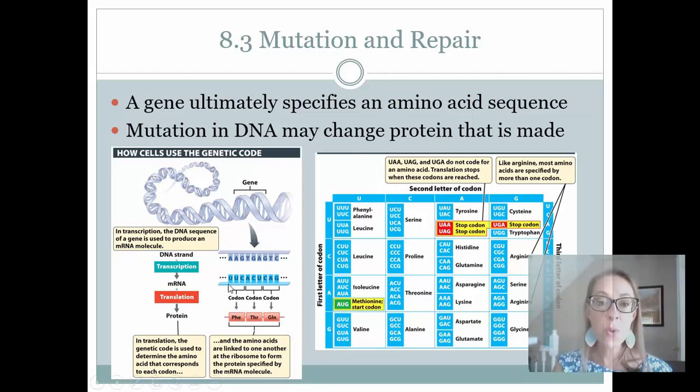So if we have an RNA nucleotide that's different, that's going to affect the codon, that set of 3 as a whole, and it could potentially change the amino acid. Changing the amino acid would change the protein. So this is how a mutation in our DNA can persist through gene expression and can manifest as a change in the protein that is made.